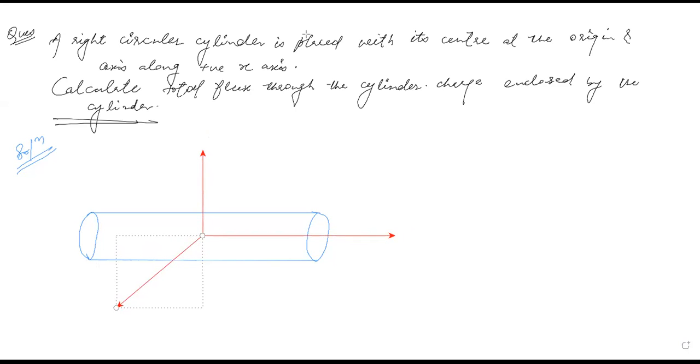If we place this coordinate frame at the center of the cylinder, then the center of the cylinder is at origin.